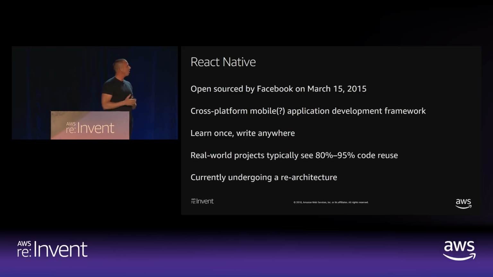So a quick intro: React Native was open sourced by Facebook about 3.5 years ago, in March of 2015. It was originally built as a cross-platform mobile application framework, but what we've seen over the last couple of years is it's now being deployed across other platforms that aren't actually mobile.